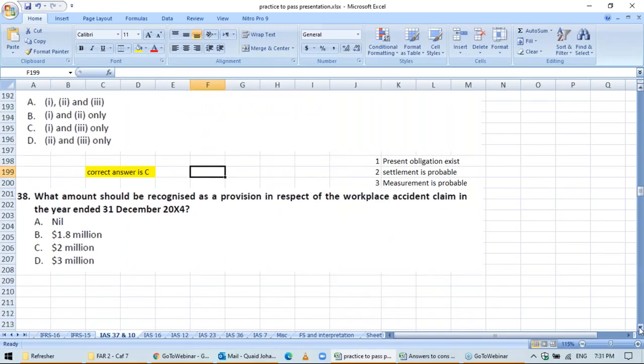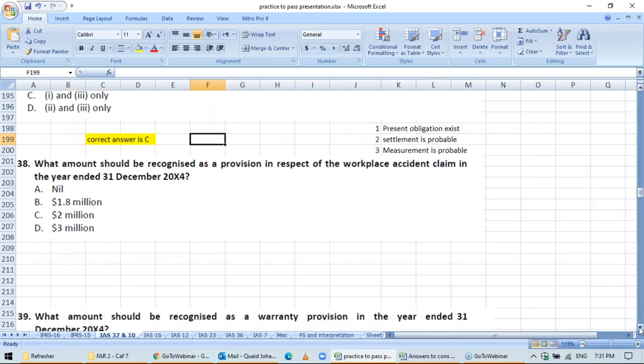What amount should be recognized as a provision in respect of the workplace accident claim in the year ended 31st December 2004? Okay, let me tell you a rule first before going on to this. See, we have to estimate amounts.